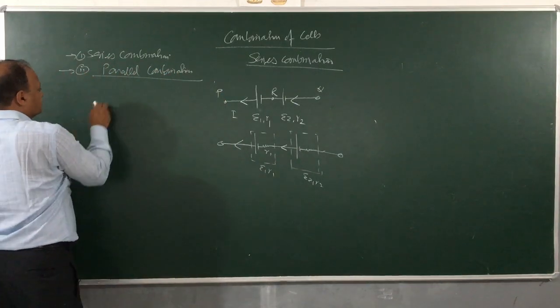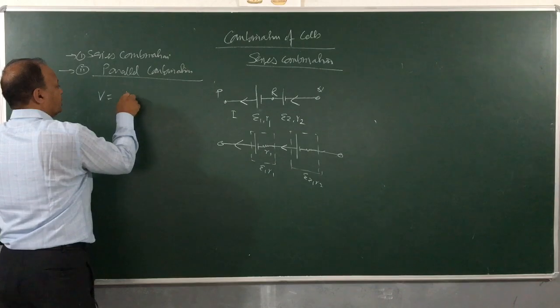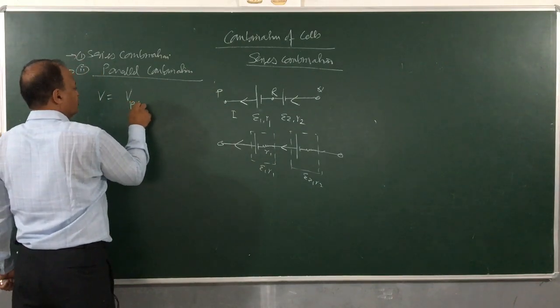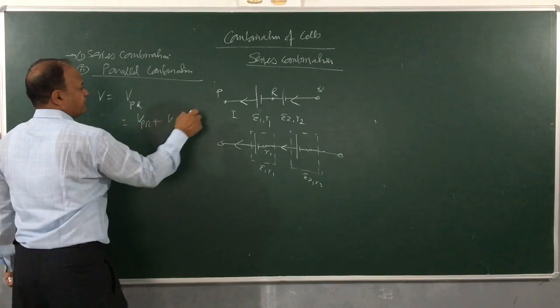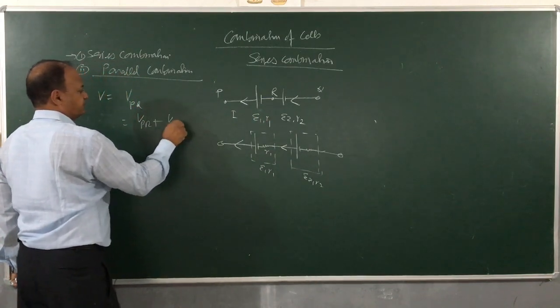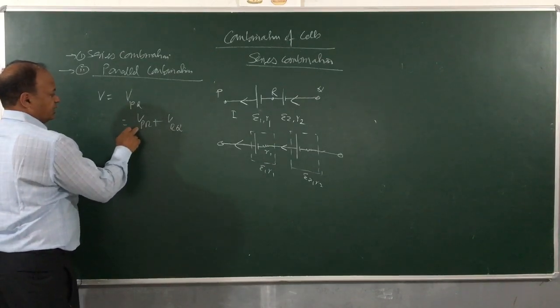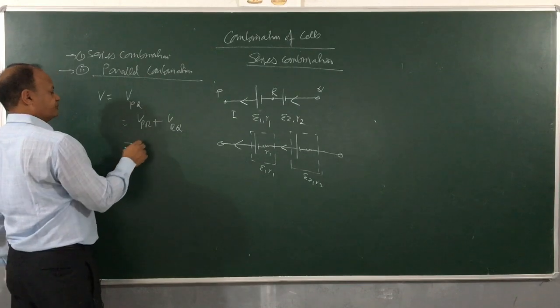So if I want to find out effective or equivalent potential difference between the two cells, then I will be writing V is equal to, here we have V PQ, which is V PR plus V RQ. PR means across the first cell plus V across RQ. Clear? And then I can write PR across the first cell, terminal potential difference will be how much, children?